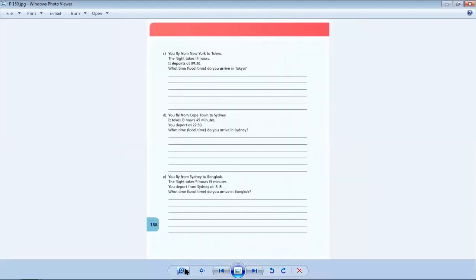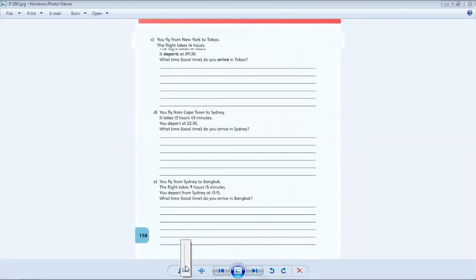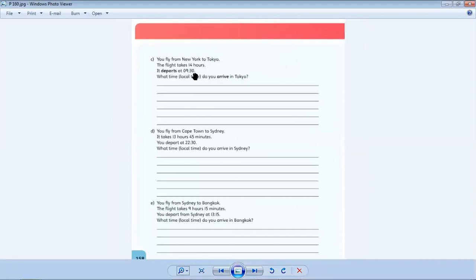There are some word problems here, and you need to calculate the time from here. Your flight from New York to Tokyo, your flight time is 14 hours and the time starts 8:30.